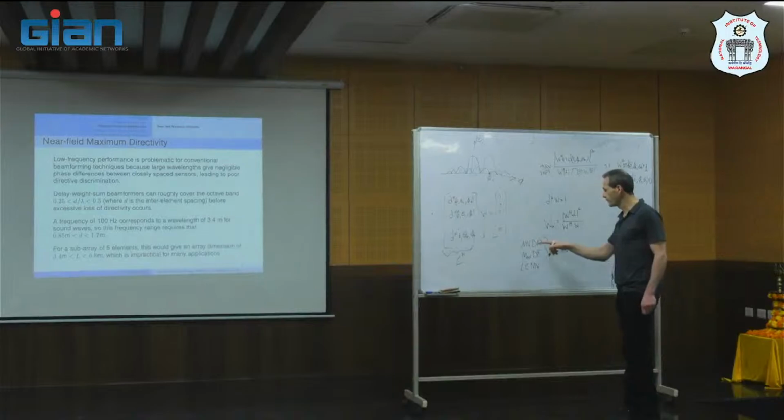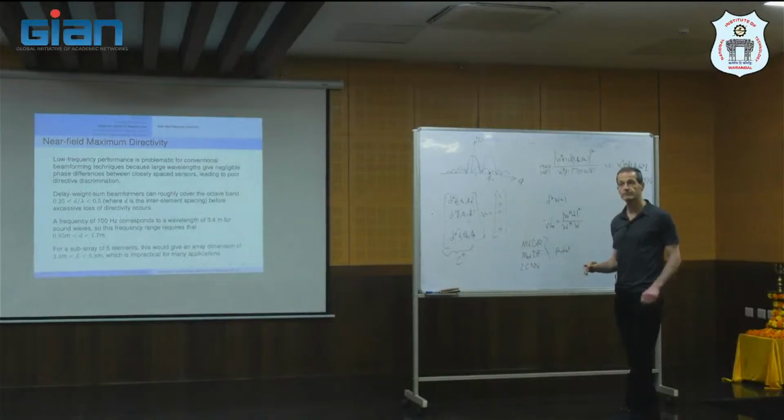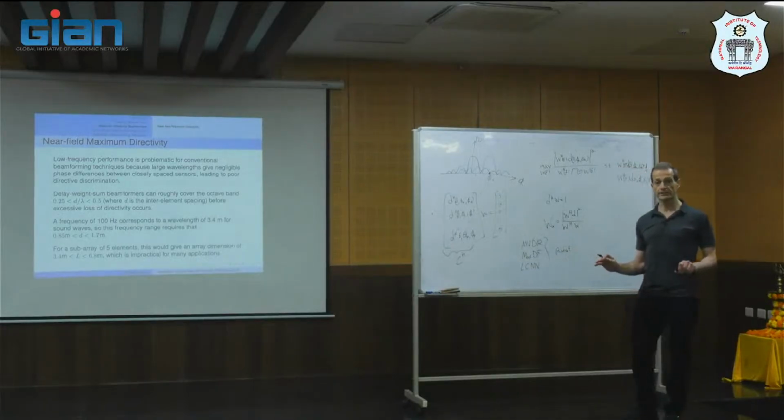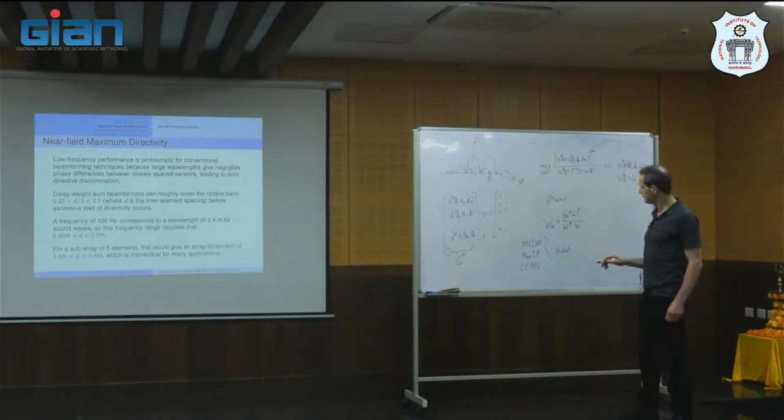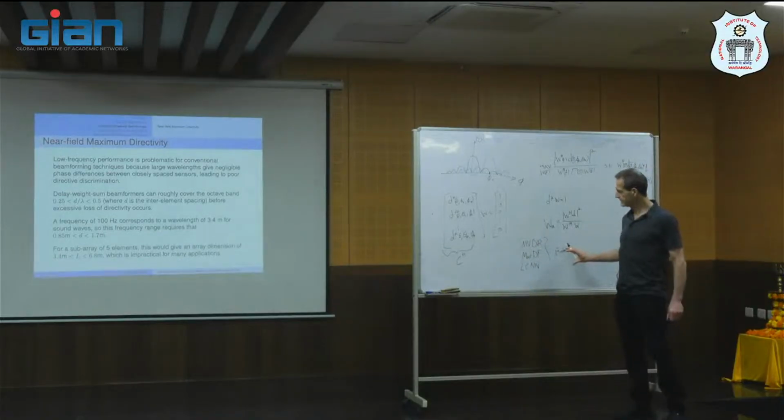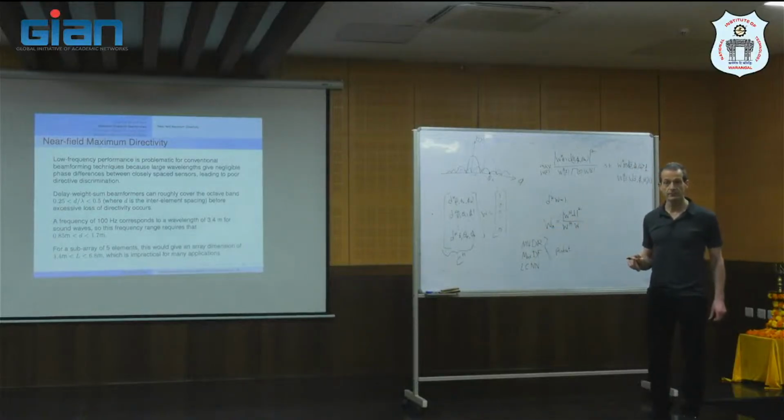So we call them robust MVDR, robust max DF, robust LCMV. Okay? Understand that? We have additional beamformers. And now, if we change from far field to near field, what do we need to change?